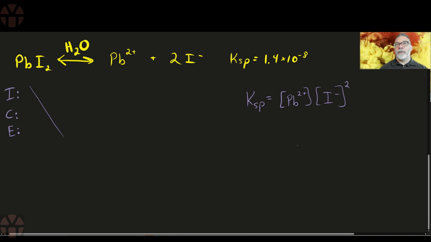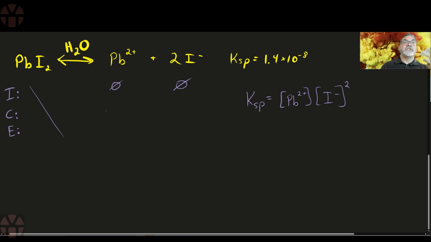So with my equilibrium expression in hand, we can go back over here to our equation, and I'm going to start off by saying, okay, lead 2 iodide will to an extent break up in water. How much does it break up? Since I don't know, I can assume initially we had pure water, so there was none of the lead ion, none of the iodide ion in solution.